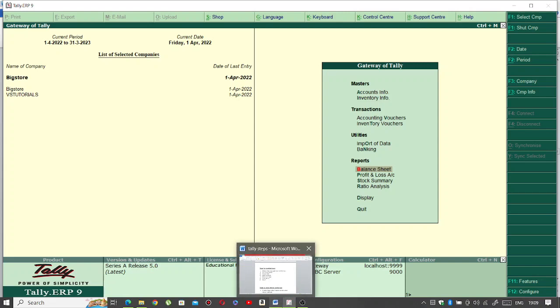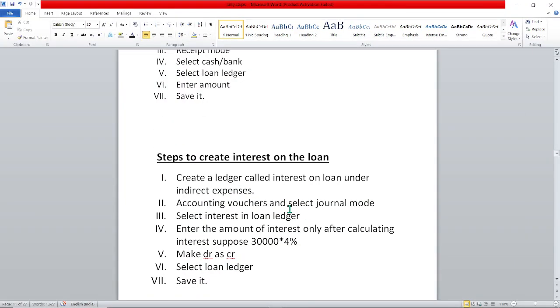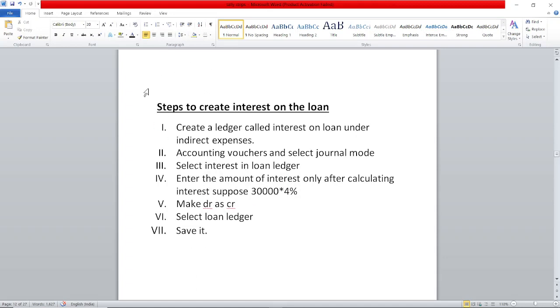Now I have to pay back the loan along with interest. So I have to create a ledger named interest on loan under indirect expenses. So these are the steps to create interest on loan.